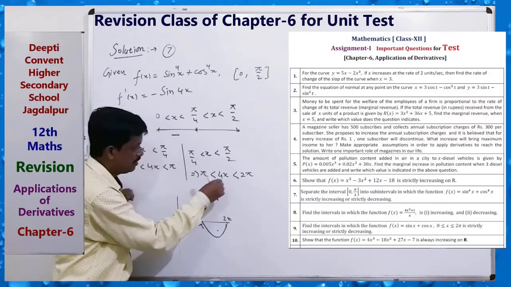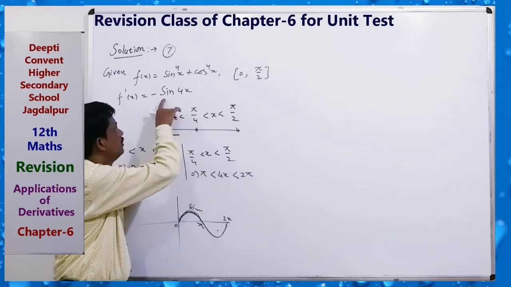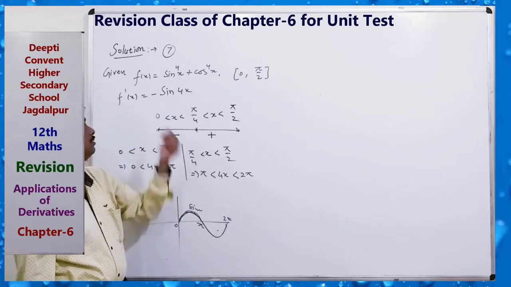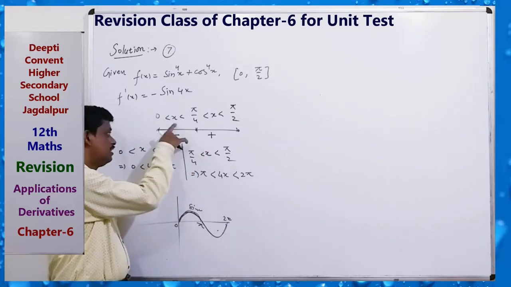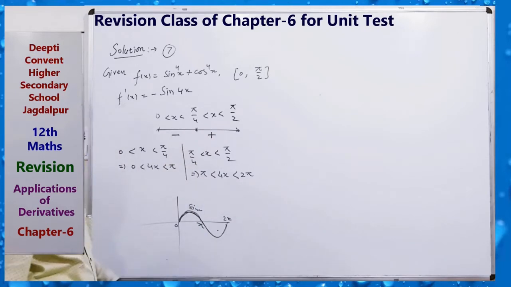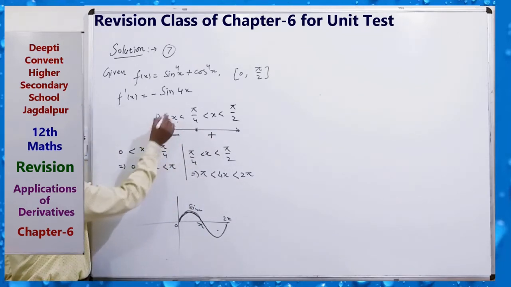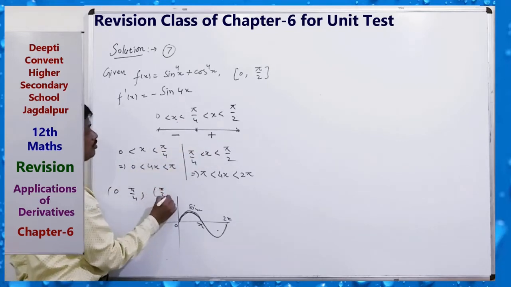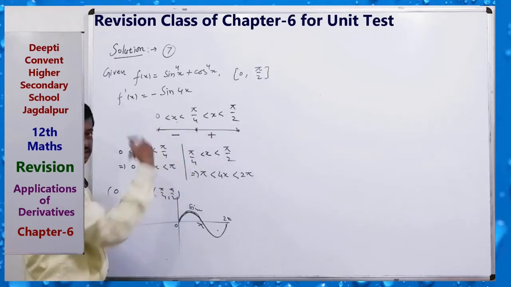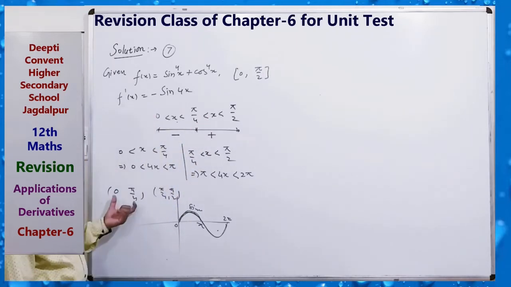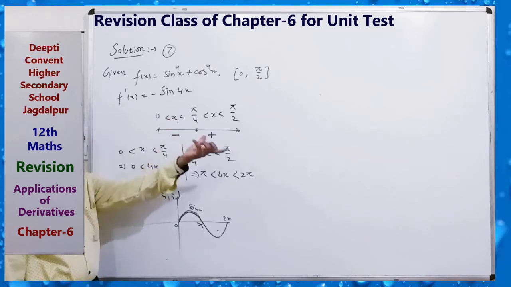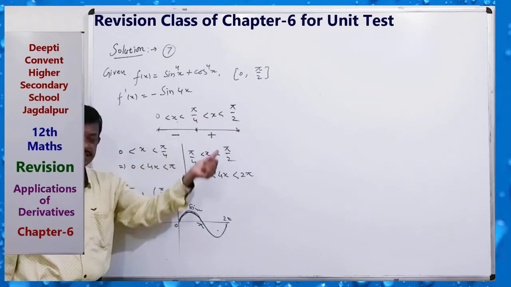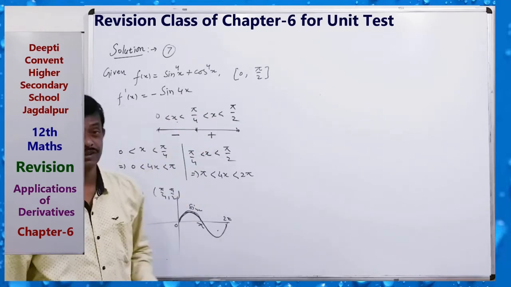Minus negative is positive, so in this part the sign of the derivative is positive. So here decreasing, here increasing. The interval of decreasing is 0 to pi by 4, and next, pi by 4 to pi by 2, the function is increasing. So we have separated the intervals: here the function is decreasing, here it is increasing. Okay, so this was the solution of question 7.